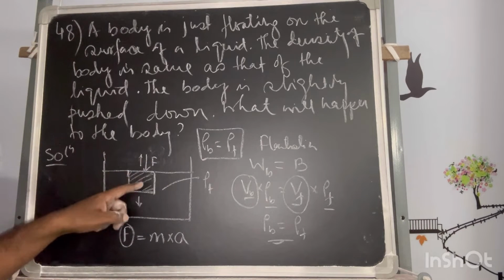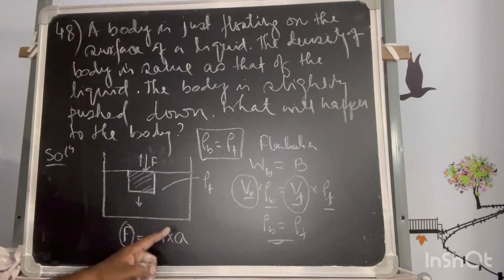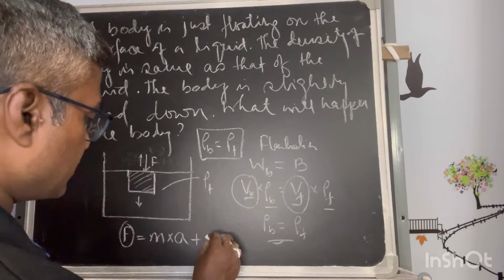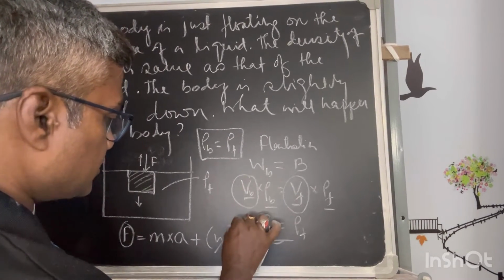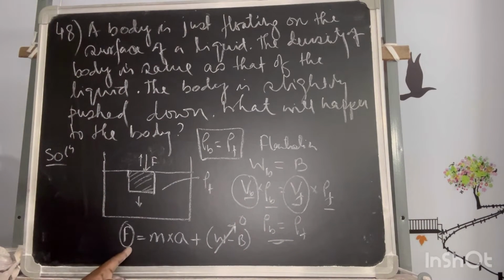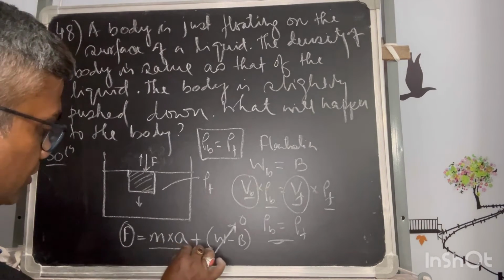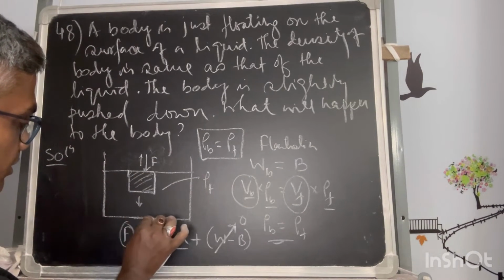This force is acted. Now this will move on, because this is the imbalance, because there is no other force. If I say there is no other force, because W and B, this part is 0. That's why it's just floating. So this part is 0. The total force acting on this F is mass into acceleration. So this will go on moving unless and until it is restricted and hits the deck.